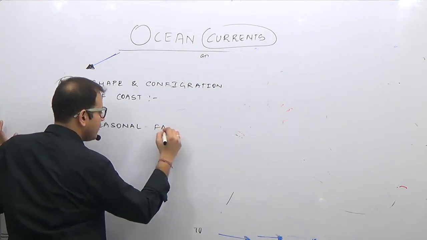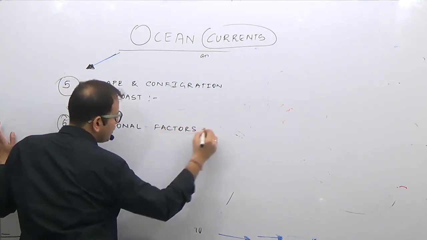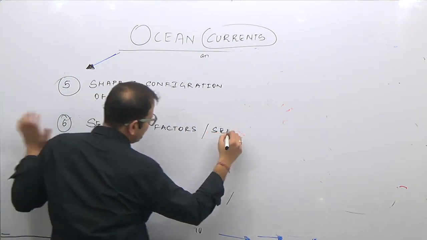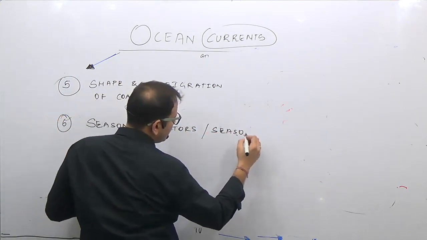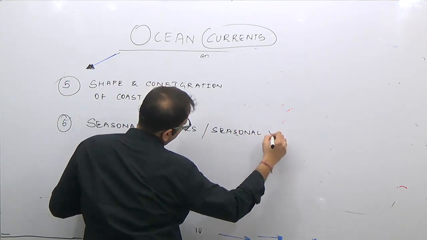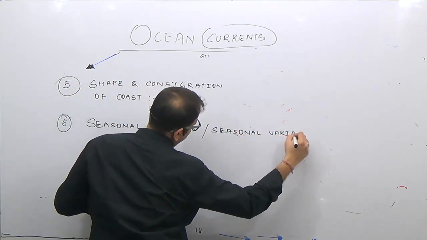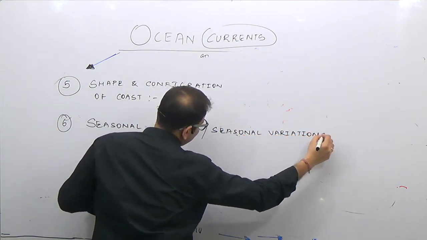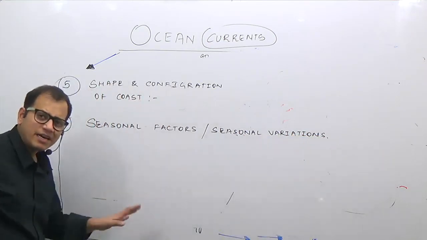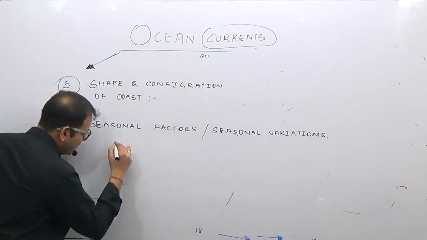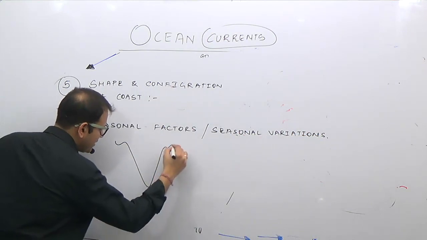There are seasonal variations in the factors which affect the ocean current. For example, again we'll take India itself.